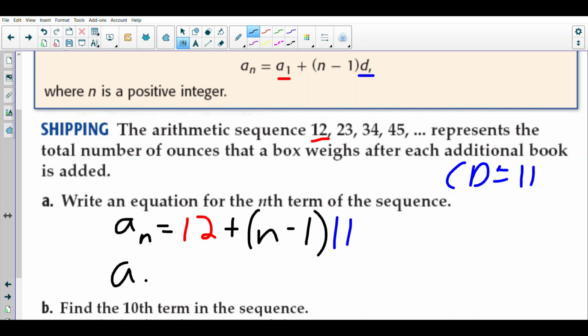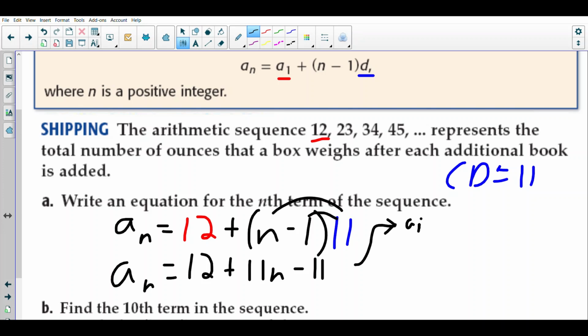So the nth term is equal to 12 plus, now we're going to distribute, 11n minus 11. This gives us a formula of a sub n is equal to, combining like terms, 11n plus 1. So there's our formula. Whatever term we want, we can plug into that formula for n, and it'll give us the value of that term.